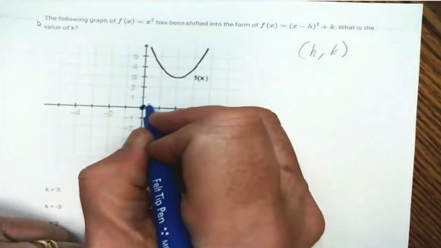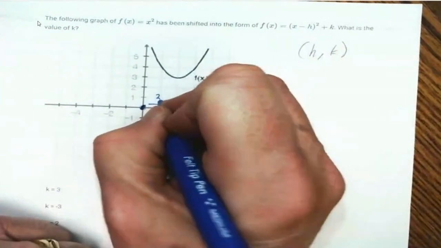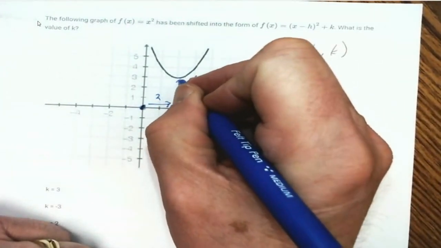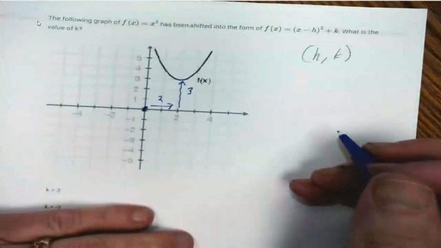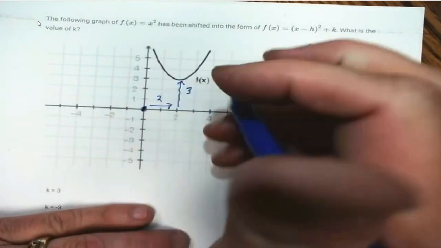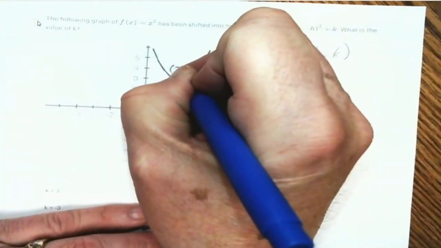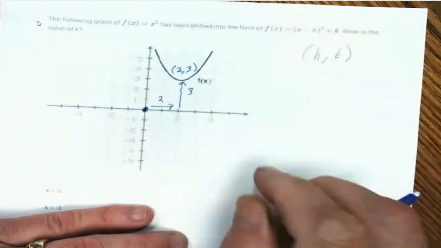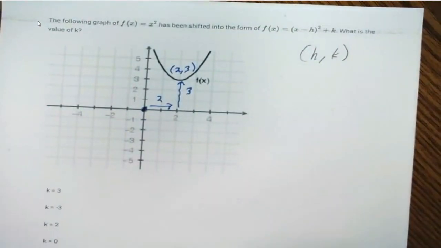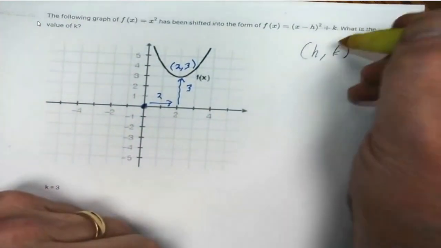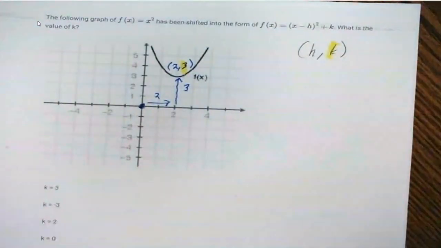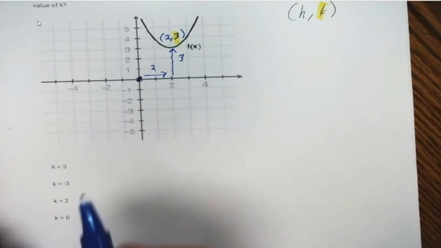It got shifted right 2. It got shifted up 3. The vertex is now at the point 2, 3. And we know k is the y value of the vertex. So k equals 3.